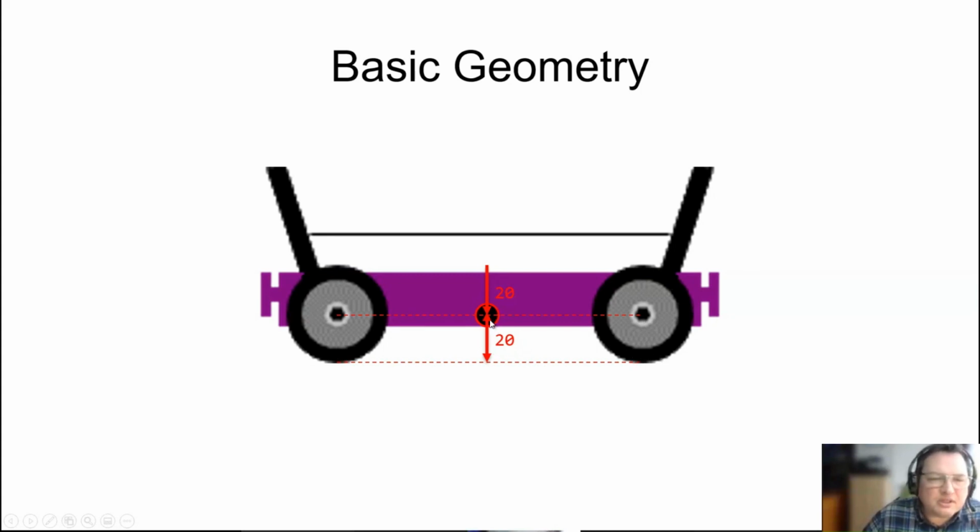So this distance here is 20. We will also need this distance, okay? The distance between the center and the rear wheel and front wheel. This trolley is ideally symmetrical, so both distances are exactly 60 pixels, all right? So we have some geometry. 20 here, 60 and 60.